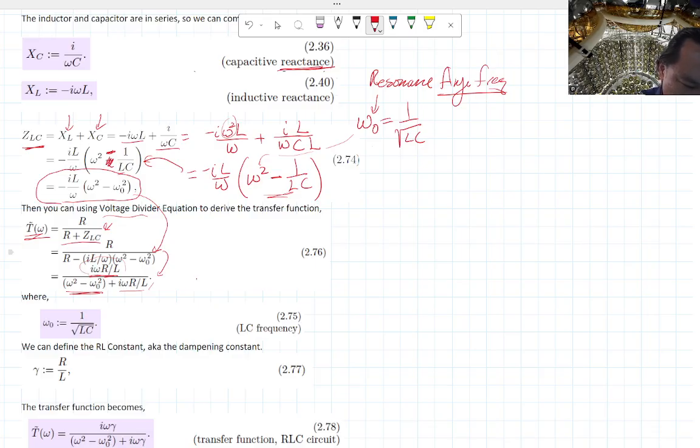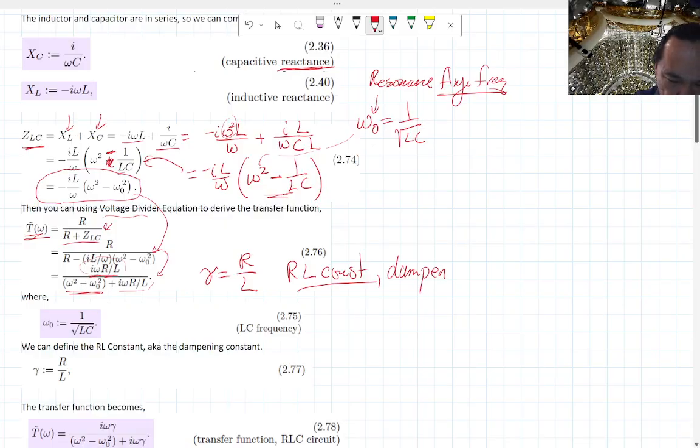This R over L is another constant, like the resonant frequency, and we're going to call it gamma, R over L. This is known as the RL constant, at least from what I remember. The book also calls it the damping constant. Just sort of neat.